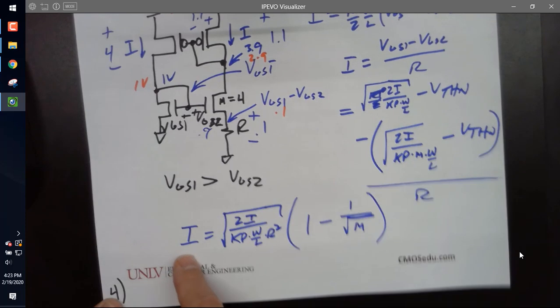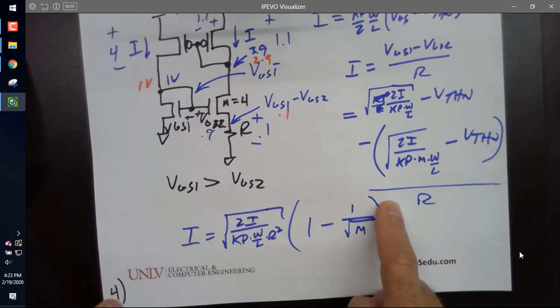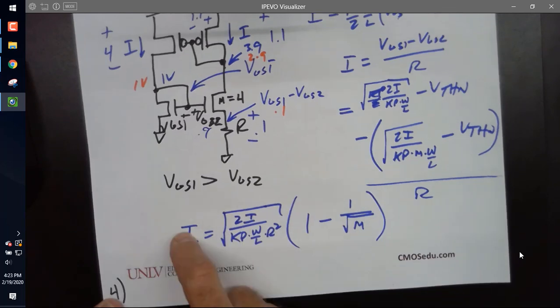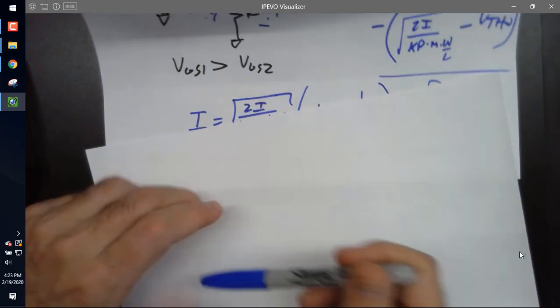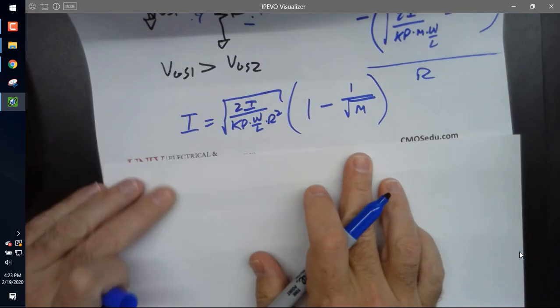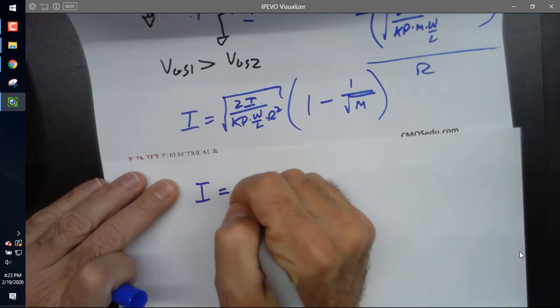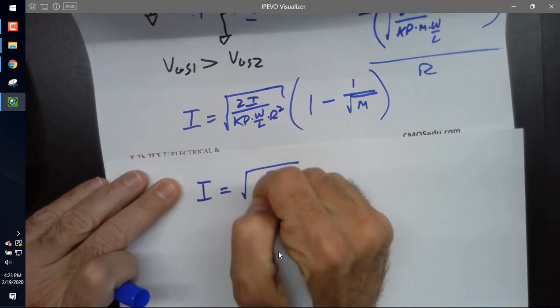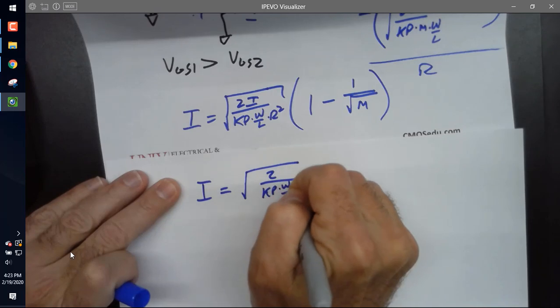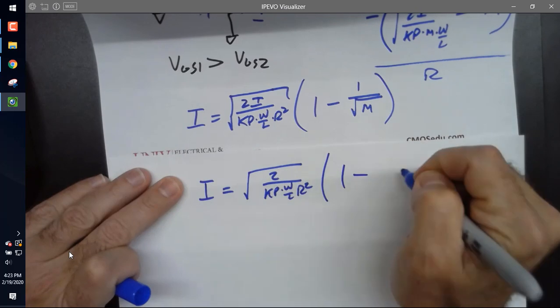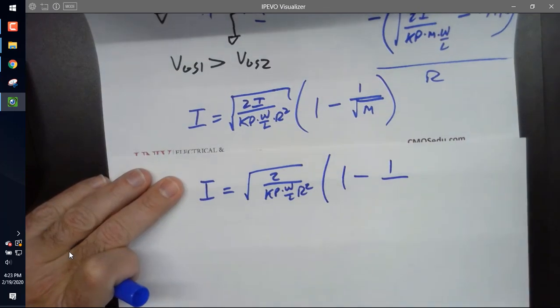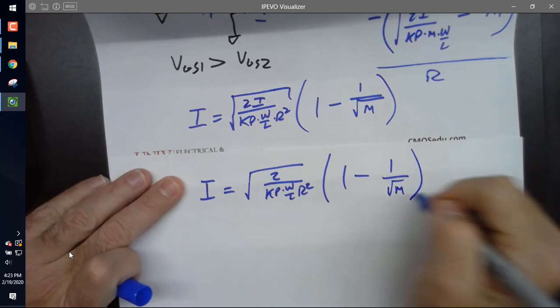So if I square this side, it's I squared. If I square this side, it's 2I over KP times W over L times R squared times this squared. Then I divide the I here and the I squared, and I end up with I equals 2 over KP times W over L times R squared times 1 minus 1 over square root M, squared.